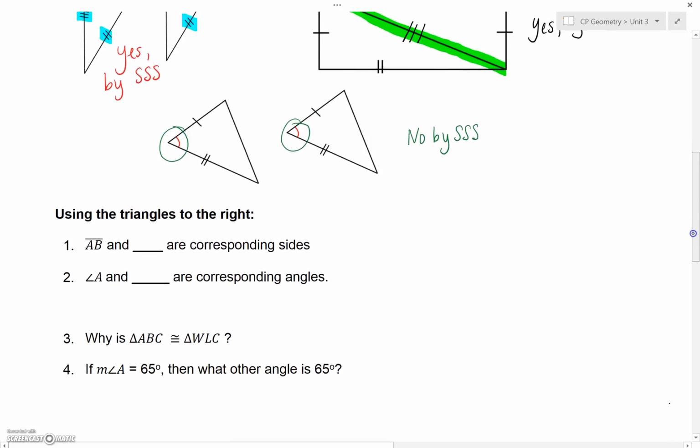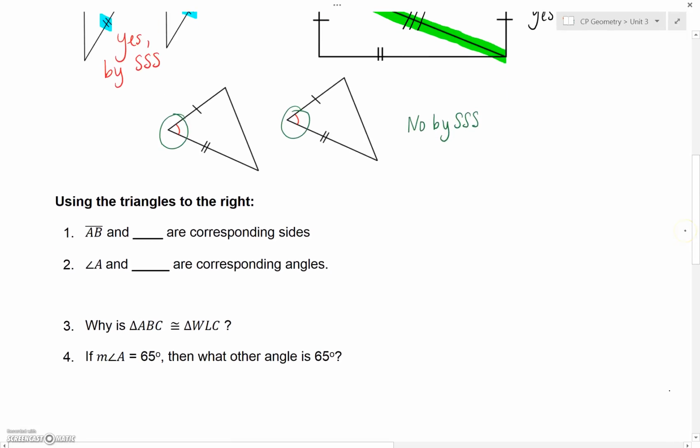So I'm going to go ahead and draw some triangles off to the right here, right? Just to review corresponding parts of congruent triangles.